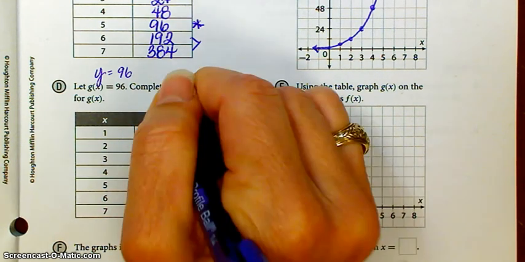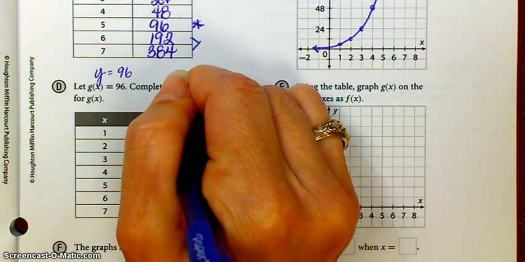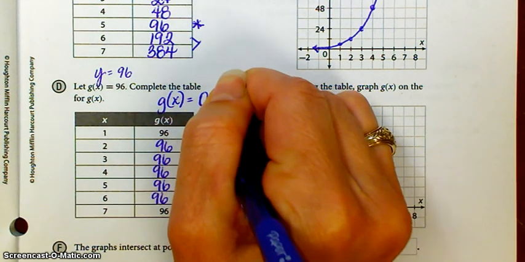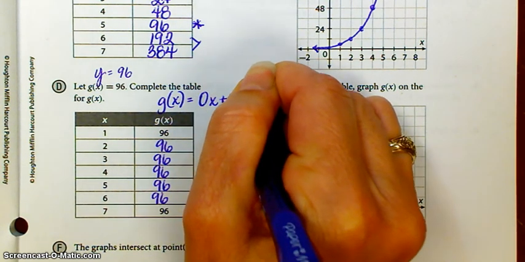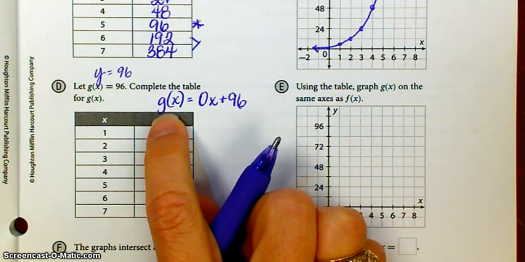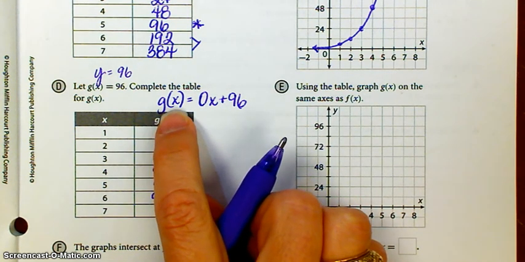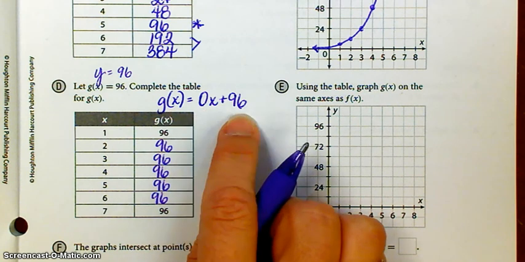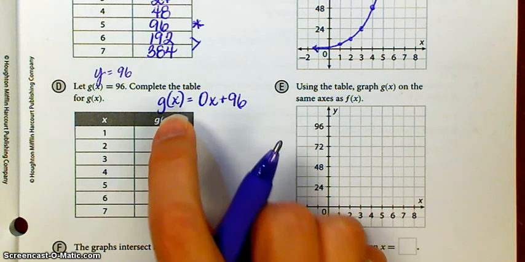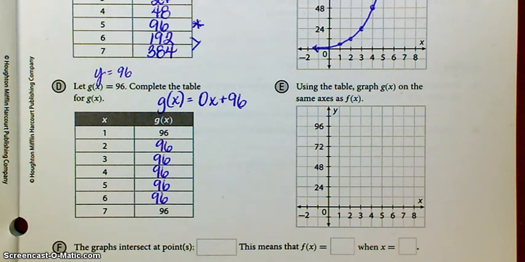If it makes you feel better so that you understand really what's going on, that's what you're doing. And every time you put in, like, the function value when x is 1 is 96. The function value when x is 2, 0 times 2 is 0 plus 96, etc. So it keeps the same value regardless.